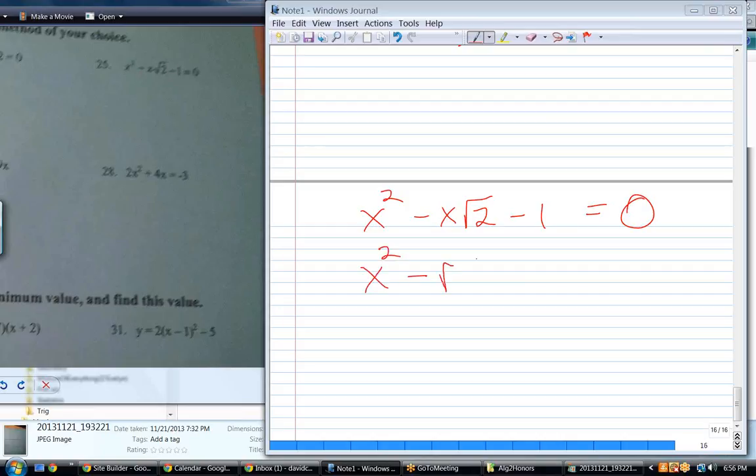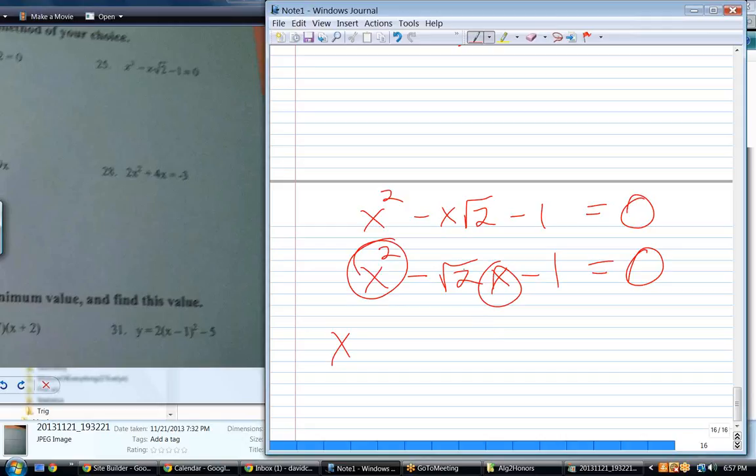This is the way it's normally written. Now how do you solve this? Use the quadratic formula. It's a quadratic because we've got an x squared and an x. It's just that our coefficient is a little strange looking, but we're still going to be able to use the quadratic formula on it. You can always use the quadratic formula.